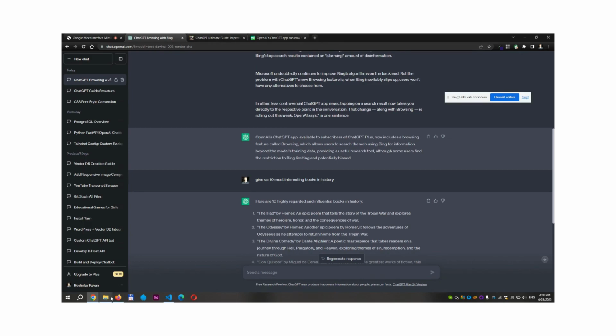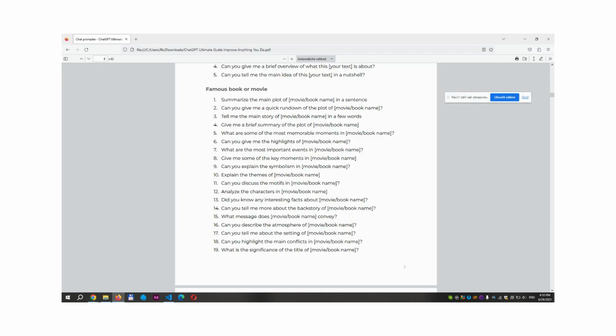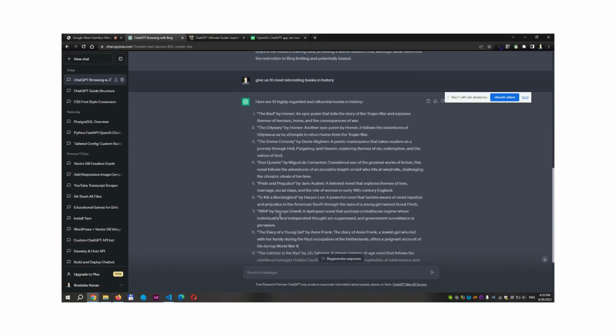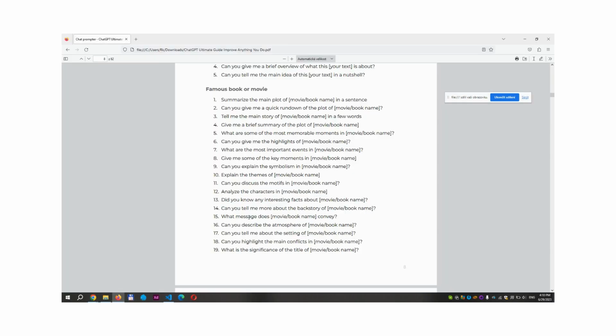Let's go back to our book and have a look at one of our examples. Can you explain what might be the most interesting for our 1984 book? What message does the book convey?